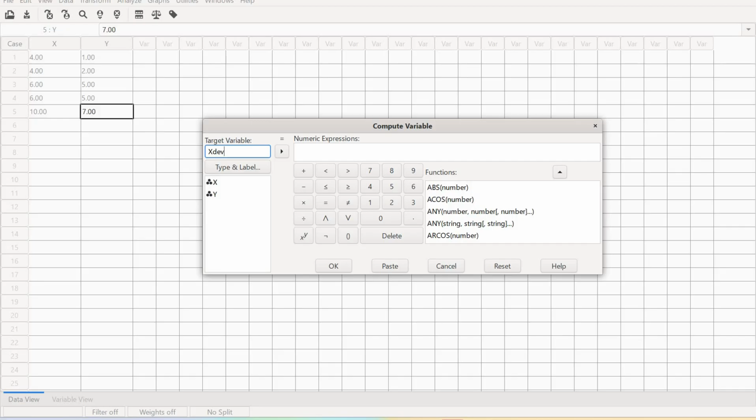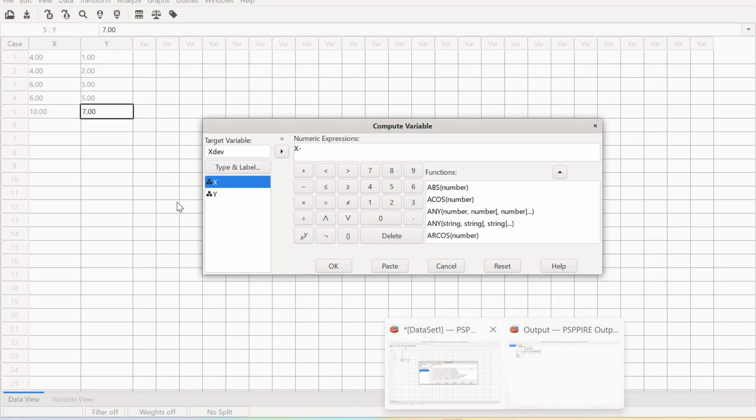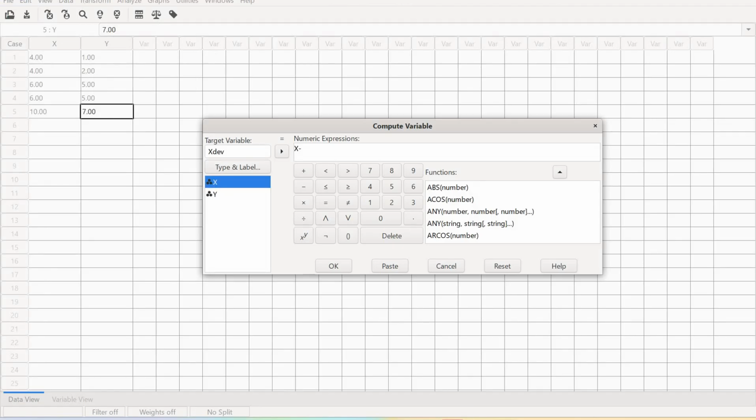X deviation. Deviation means the value of each x minus what? Minus the mean. What's the mean for x?